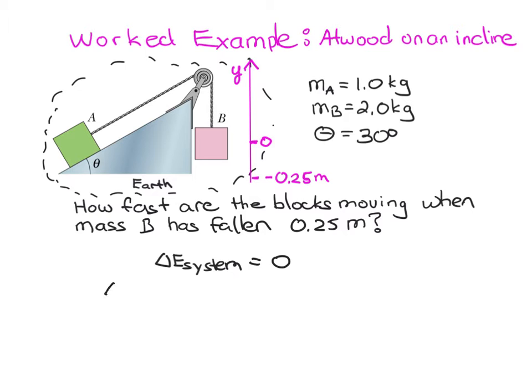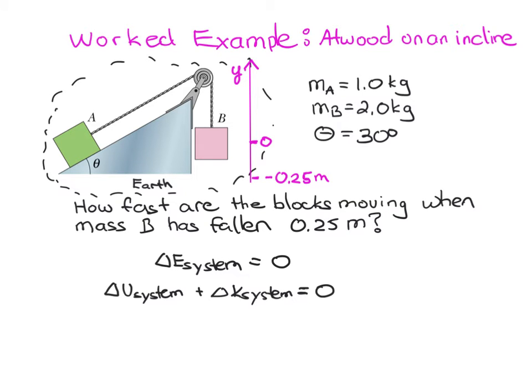And now let's write our statement of conservation of energy. Let's break it into two parts. On the left-hand side, there's going to be a change in the potential energy of the system and a change in the kinetic energy of the system. But these changes have to add up to 0.